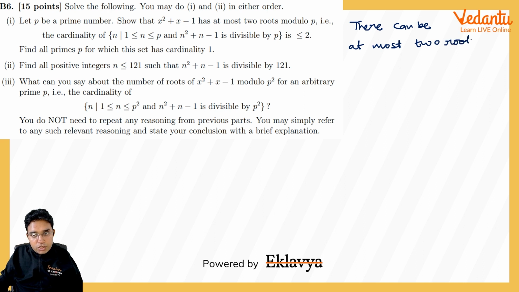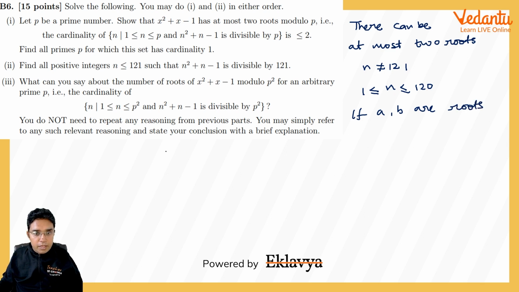With the same logic, n cannot be 121. So n will be less than or equal to 120 and greater than or equal to 1, if a, b are roots. Okay, so I'll do it fast now. a minus b and a plus b plus 1 should be divisible by 121. a, b being between 1 and 120, a minus b cannot be a multiple of 121.